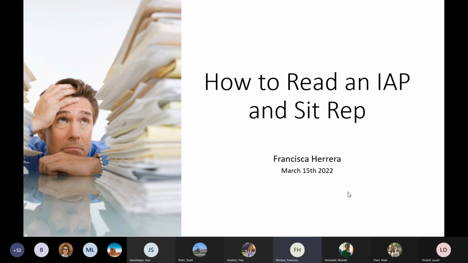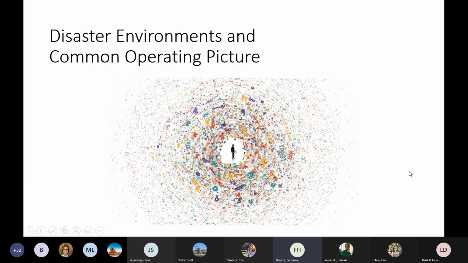All right, so how to read an incident action plan and SitRep. Yue asked me to present a little bit about these two documents that are central to your experience in a disaster relief operation. I thought what we would do is start with the big picture, which is that every time that we deploy into a new disaster environment, we encounter a unique experience.